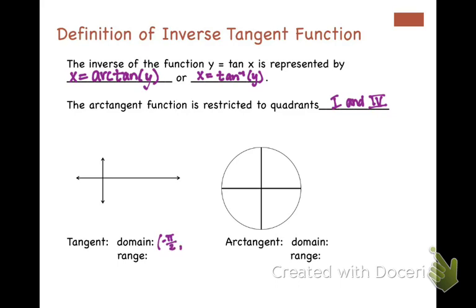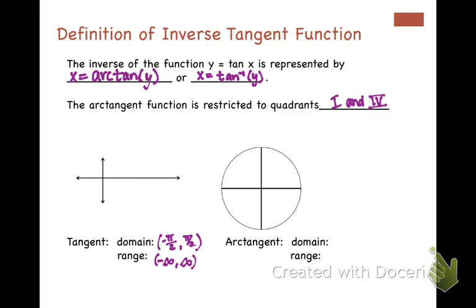We go from -pi over 2 to +pi over 2, which if we did this in angles would be -90 to +90. Not inclusive this time. And then my range on tangent is actually from -infinity to +infinity. Tangent can be as big or as small as numerically possible.